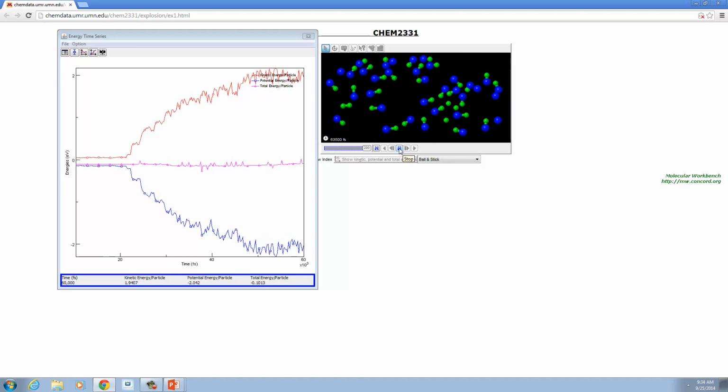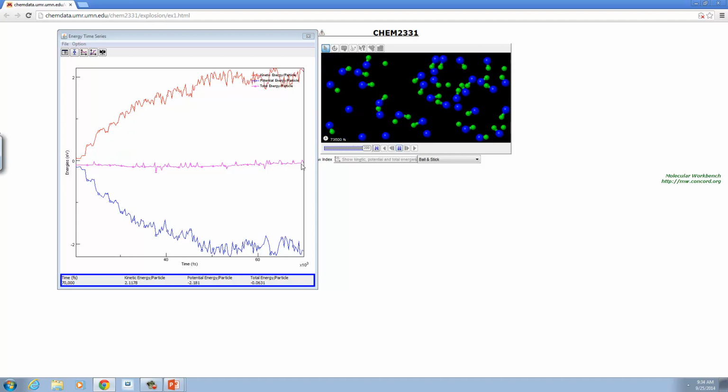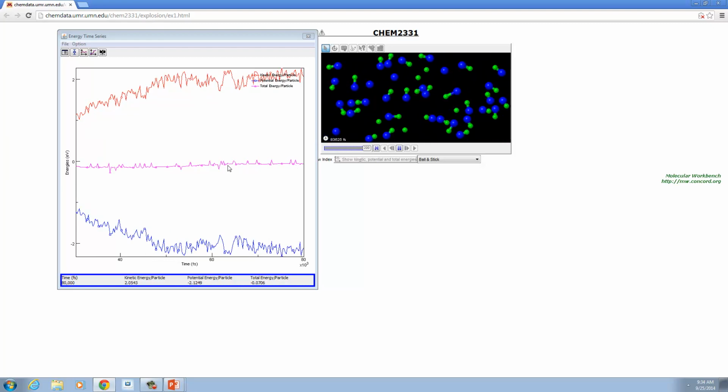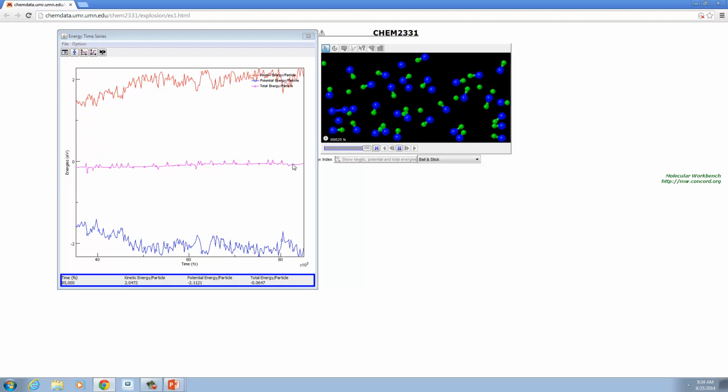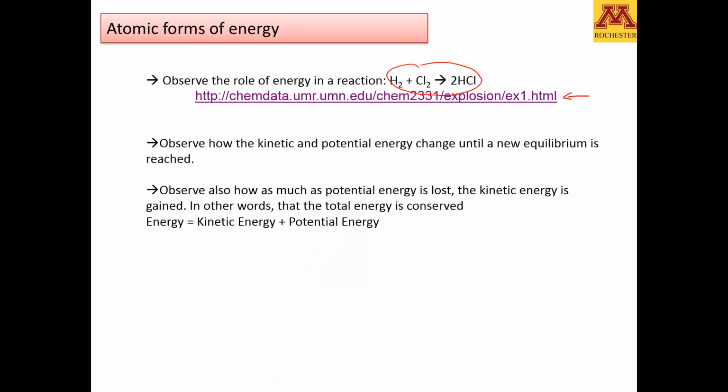It's important to know that in pink you see here the overall energy, the summation of kinetic and potential, and it's always constant. So that's the take-home message of this simulation: the total energy, which we're now going to call the total internal energy of a system at the atomic level, is the kinetic energy plus the potential energy.